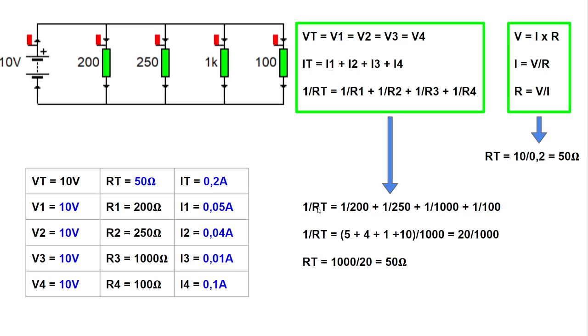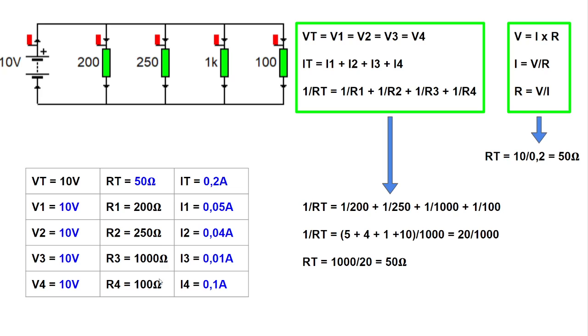So if I do this formula, 1 divided by total resistance equal to 1 divided by 200 plus 1 divided by 250 plus 1 divided by 200 plus 1 divided by 1000 plus 1 divided by 100.